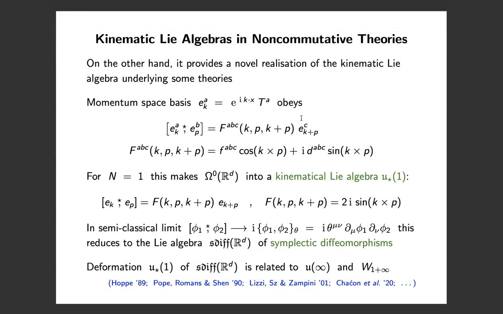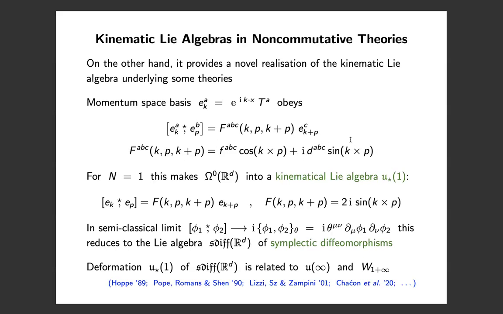So if we take this bracket now and take a colored momentum space basis of plane waves, these E_{k,a}, which I'll define up here, then this is the basis, and we can calculate what the commutator is in that basis. And so there are some structure constants that I've written down like this.